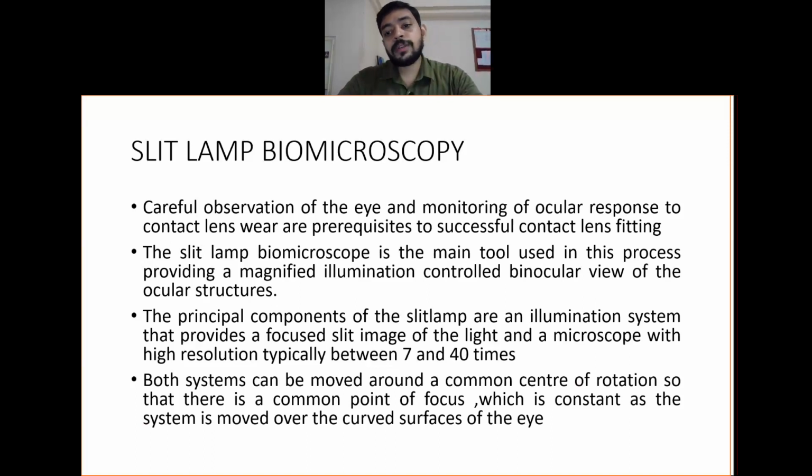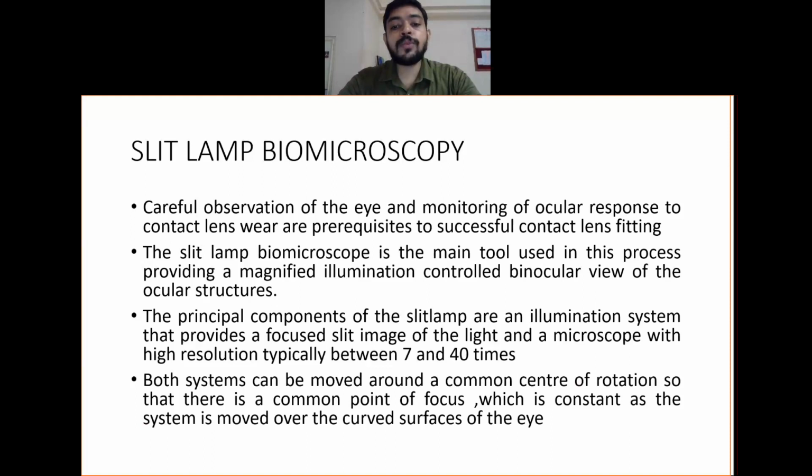In the illumination system we have the light filter, apertures and the projecting area, and in the observation system we have a compound microscope with which we can achieve a magnification from 7 to 40x.